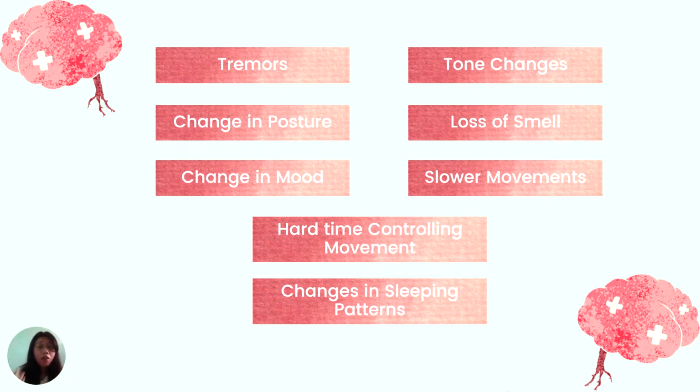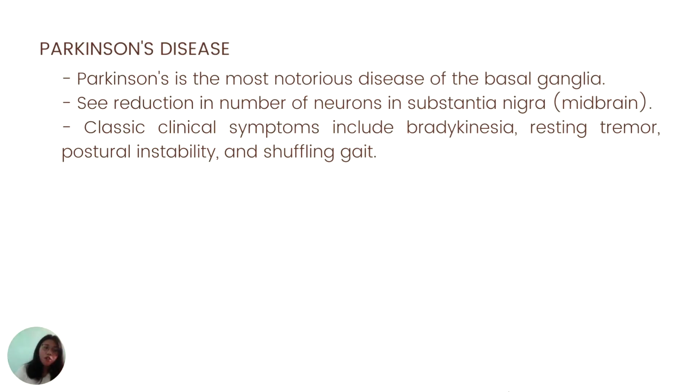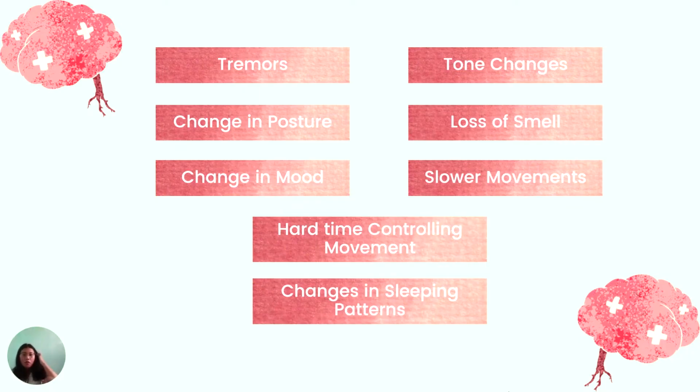Changes of tone, loss of smell, slower movements, hard time controlling movement, and changes in sleeping patterns. So, ano nga ba ang mangyayari? Anong magiging sakit ng tao kapag nagkaroon ng damage ang kanyang basal ganglia?